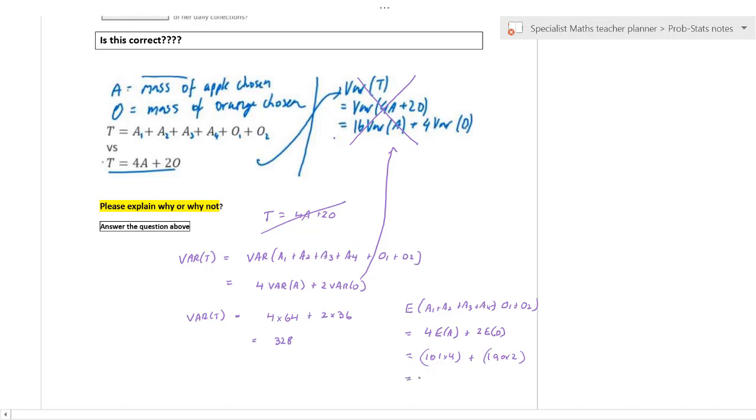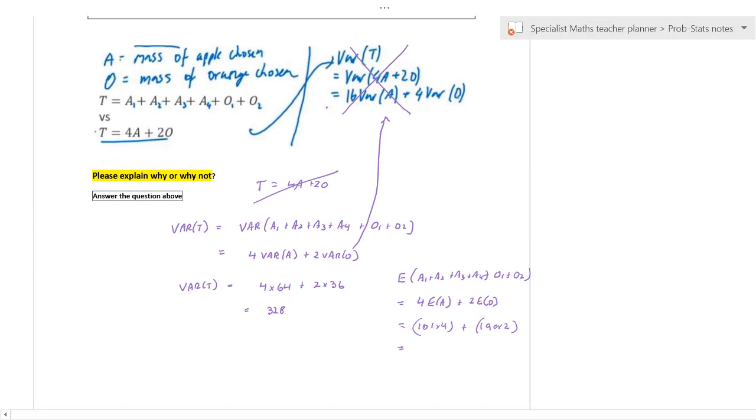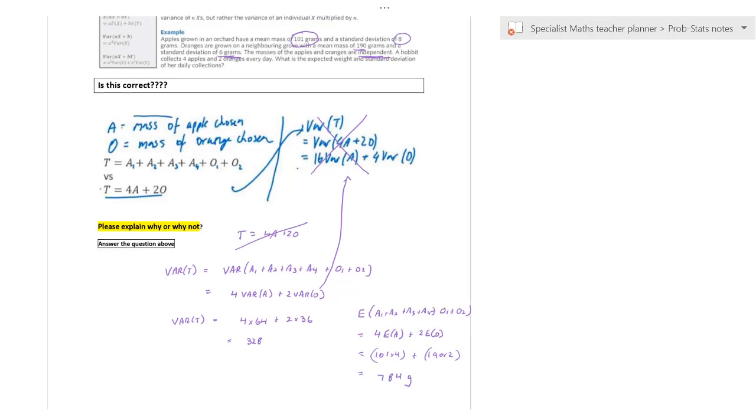Doing that in my head, that's 404 plus 380 plus 380, so it's going to be 784 grams. If I pick out 4 apples and 2 oranges, that's going to be the expected value.